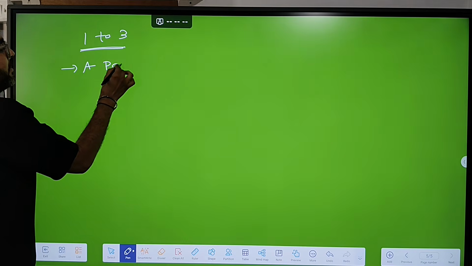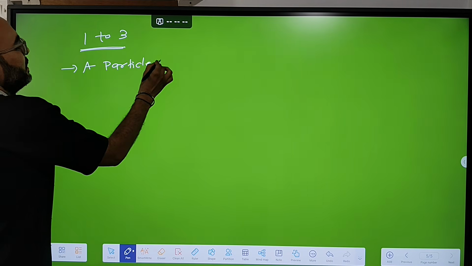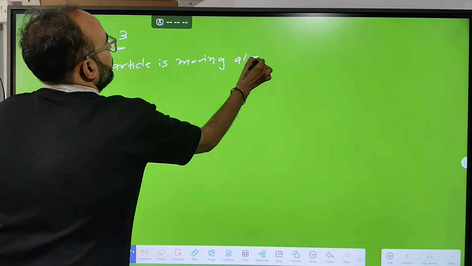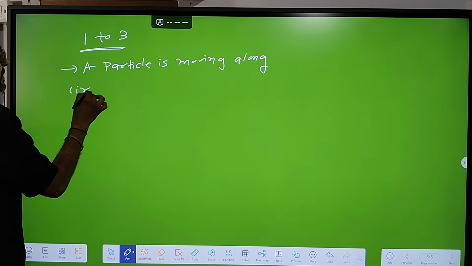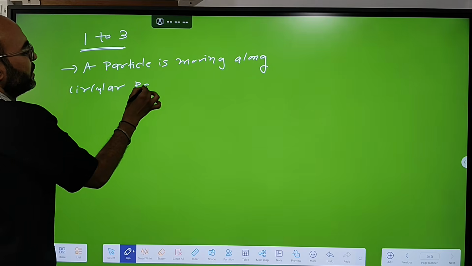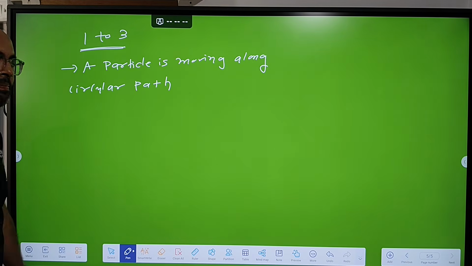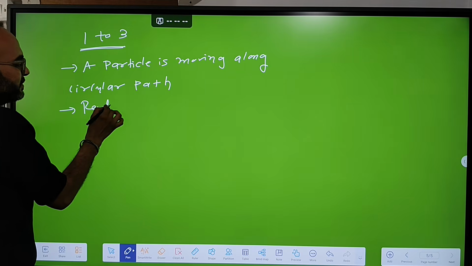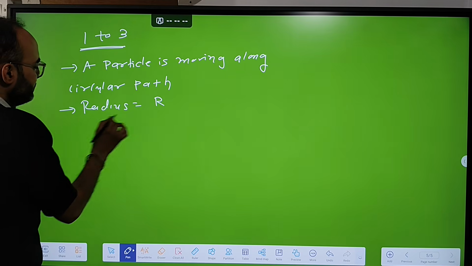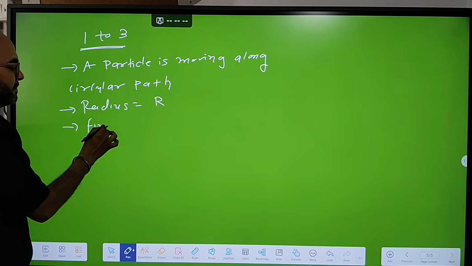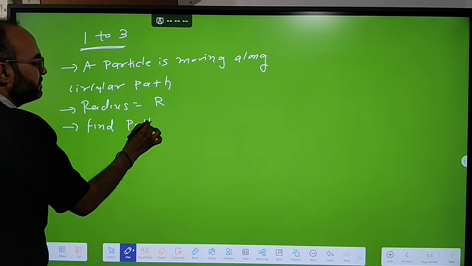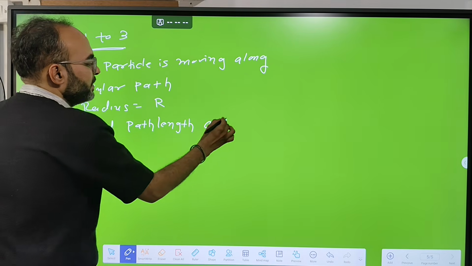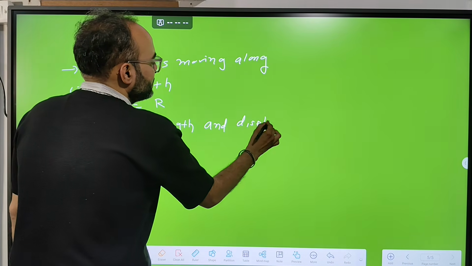What is the main question about that? A particle is moving along a circular path, and what is the radius of that circular path? It is R. For each and every case, we want to find path length and displacement.